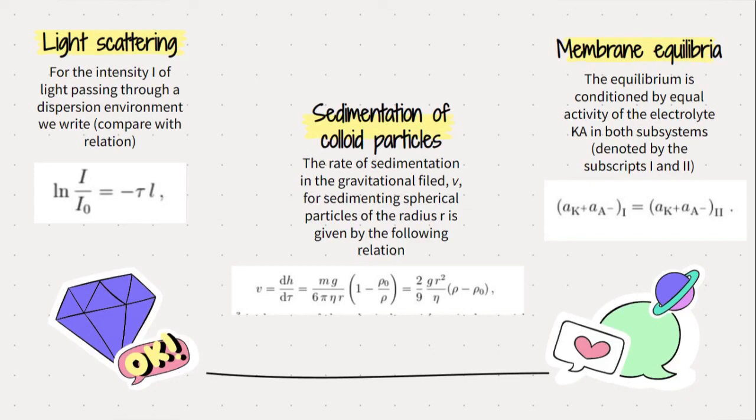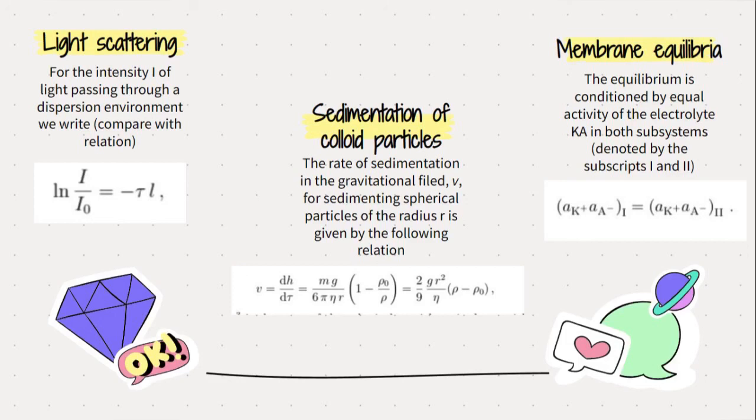Third, membrane equilibria. Different properties of colloid systems are also evident when we observe those comprised of two subsystems separated by a semi-permeable membrane. The osmotic pressure is given by a relation analogous to that for molecular solution. If the systems contain a low molecular electrolyte KA in addition to a high molecular electrolyte KR whose anions do not pass through the membrane, a different equilibrium is established in the system.